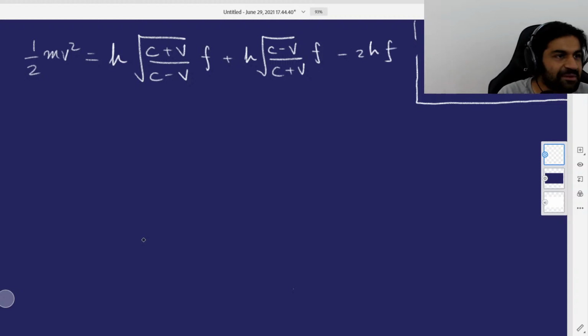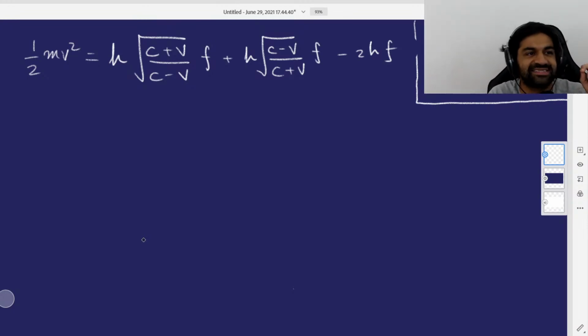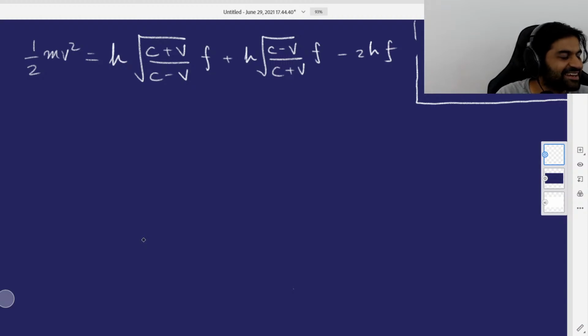The idea being the difference between these two energies is explained by the kinetic energy. That happens because your observer is just moving past the system. And I claim messing around with this will give you E equals mc squared. Exciting. All right, so let's mess around with it.